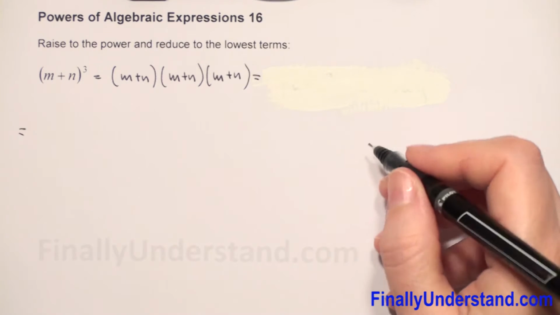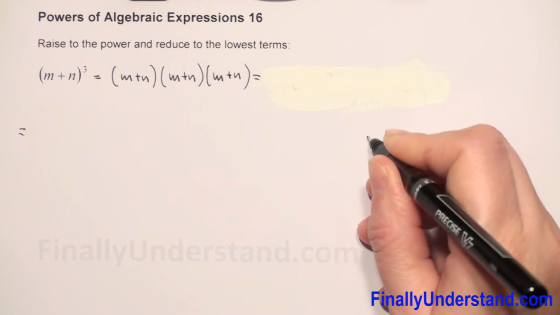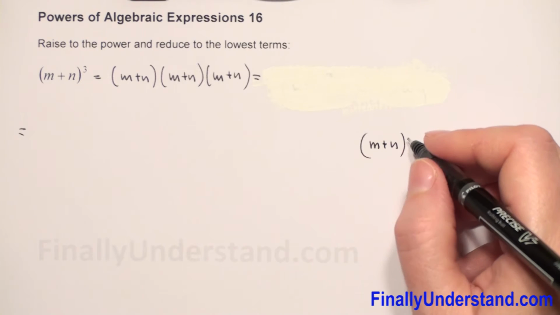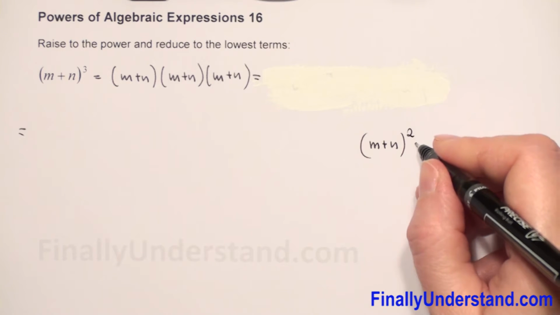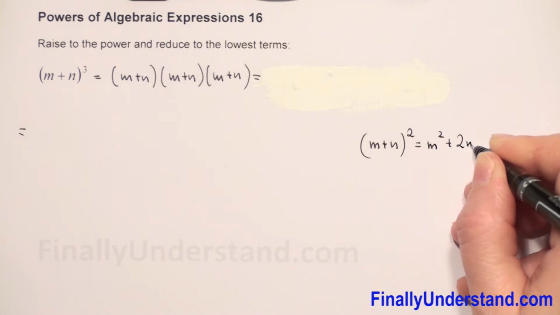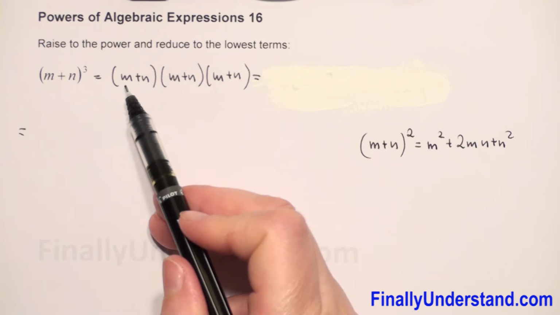So we can use the formula that m plus n times m plus n, this is m plus n to second power. So this is equal to m square plus 2mn plus n square. You can always do it step by step.